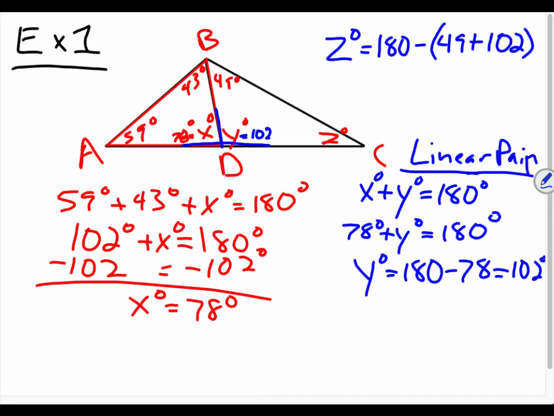Okay, so let's try that. What's 49 plus 102? It's 151. So Z equals 180 minus 151, which is 29.